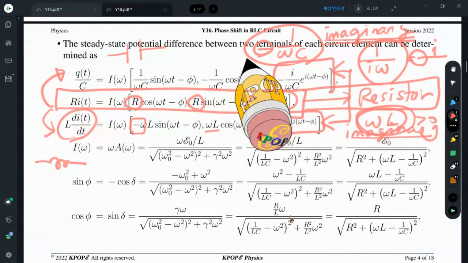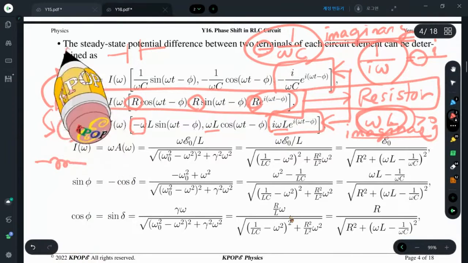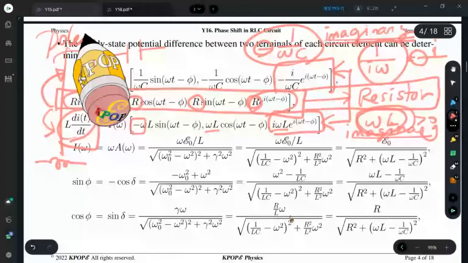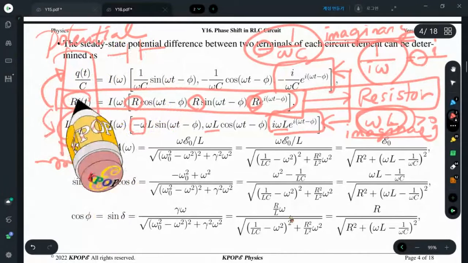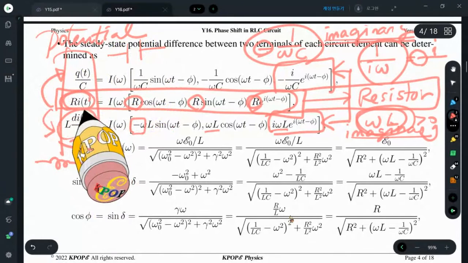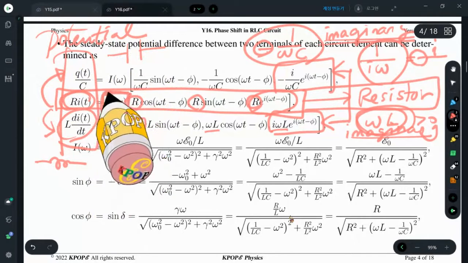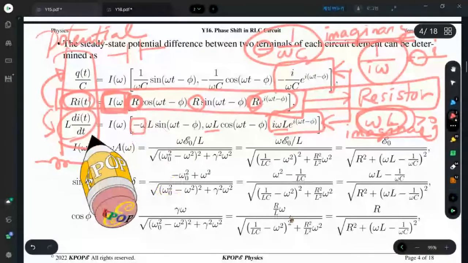So it is convenient to find that these are all potential difference between the two terminals of a resistor has the amplitude, current I's amplitude multiplied by R.